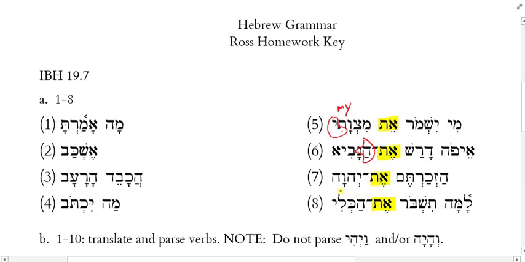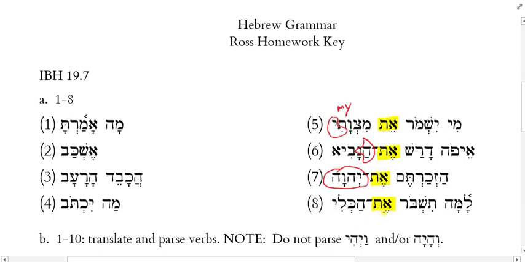Hazkartem et Adonai. Will you remember Yahweh? Yahweh is a proper noun, and proper nouns are by definition referring to specific persons or places. So that makes it definite. So I need the definite direct object marker here.